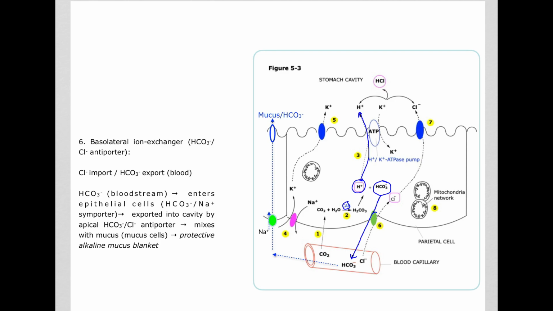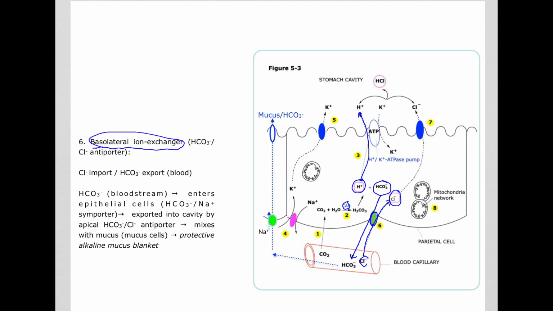This bicarbonate is sent out by transport proteins called basolateral ion exchangers. They export bicarbonate while at the same time bringing chloride ions into the cell. So this is an antiporter, a bicarbonate chloride antiporter.